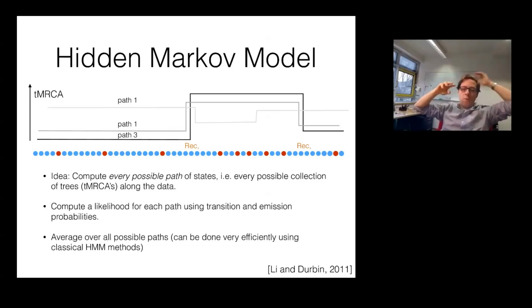So now we gave up the idea of deriving entire trees. We basically went back to the idea of having a single diploid genome, which means one chromosome from your father, one from your mother, and we're trying to reconstruct the sequence of times to the most recent common ancestor along the sequence. And that was extremely effective and allowed Li and Durbin to derive relatively high resolution demographic history curves for individual persons, which was something unheard of at that time.